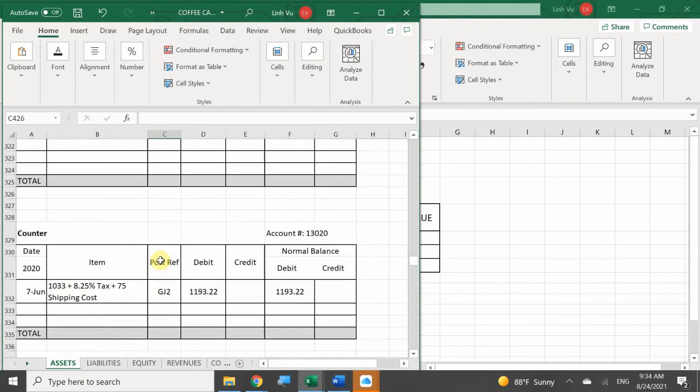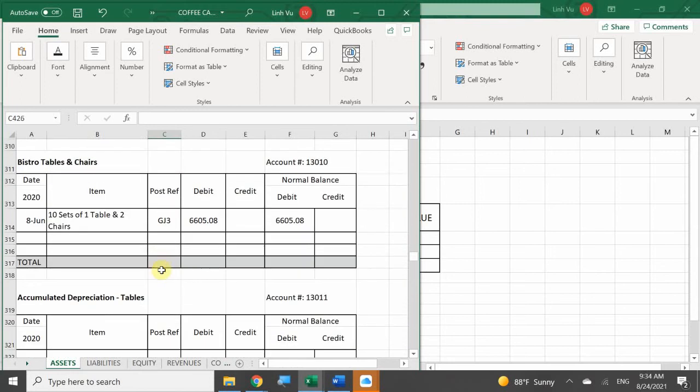Here we are, bistro tables and chairs. When did we buy it and how much is it? We bought it June 8th, and the cost is 660508.